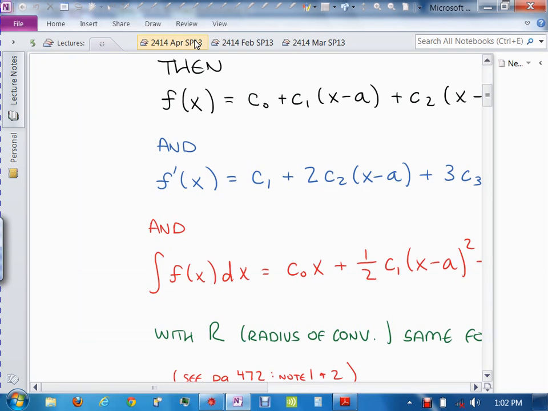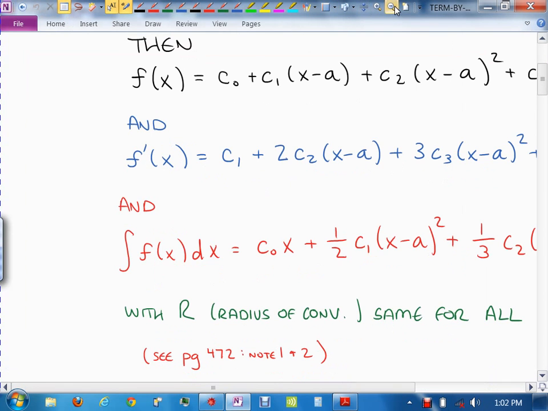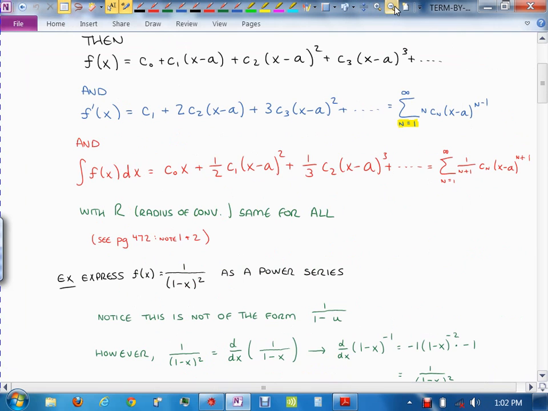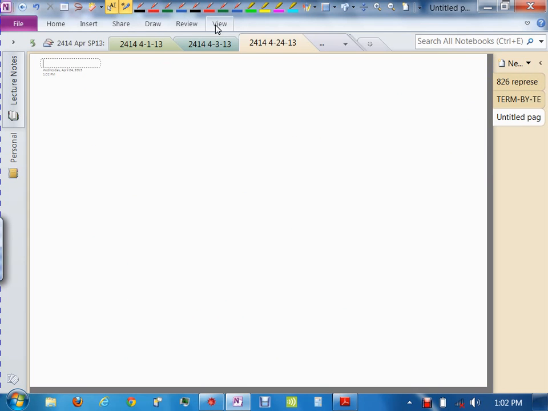Everyone get your calculator out if you have one. I'd like you to quickly figure out what your calculator says e to the second power is.